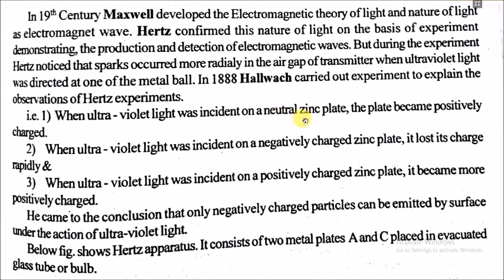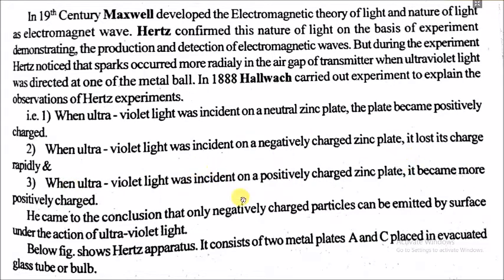When the neutral plate was there, positive and negative charges were equal, and when we remove a negatively charged particle, extra positive charge is present on the zinc plate, so the plate becomes positively charged. Next, from a negatively charged zinc plate, when negatively charged particles are removed, the negative charge decreases. And finally, when electrons are removed from the positively charged plate, it becomes more and more positive.